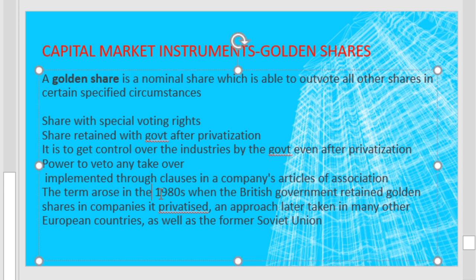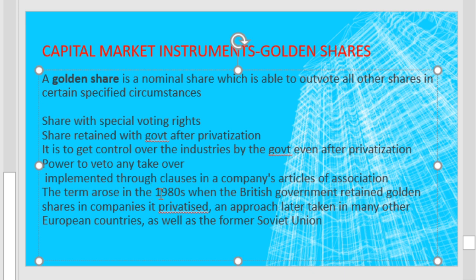Then another type of capital market instrument is the golden share. The golden share is a nominal share which is able to outvote all other shares in certain specified circumstances. It has special voting rights over the other shareholders of the company.